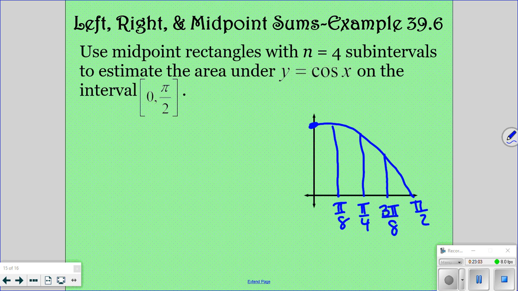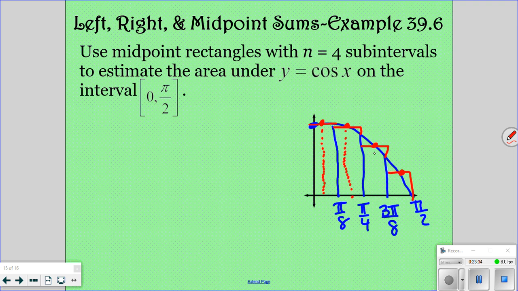So those are your rectangles, but we want to use the midpoint. So this is the midpoint here. So here's your rectangle. Here's the midpoint for this one. So we don't actually care about the pi/8, pi/4, 3pi/8, or pi/2.